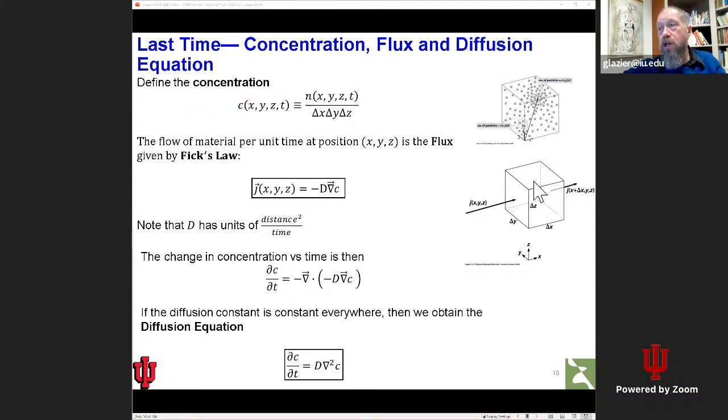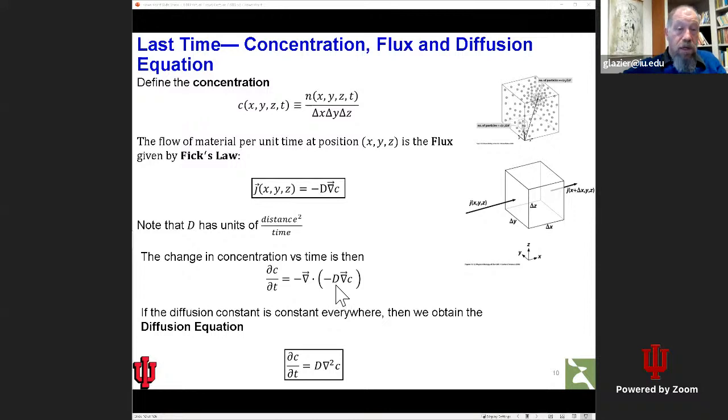Now I want to know what the change in time is over my box. So I have to basically then ask the question how this flux changes. The net flux over the whole thing is the flux over each side summed up, and that's given by the divergence, and that gives me the change in concentration per time.